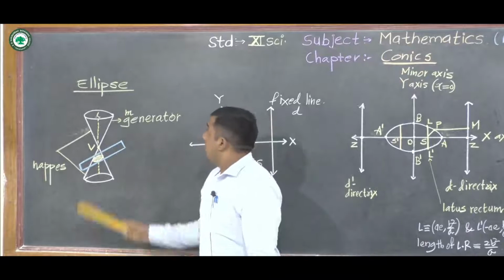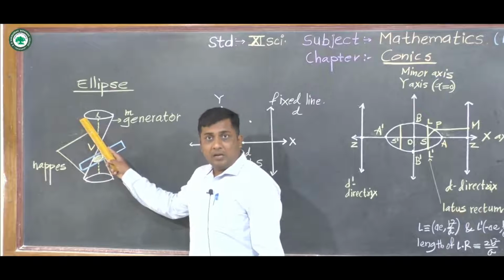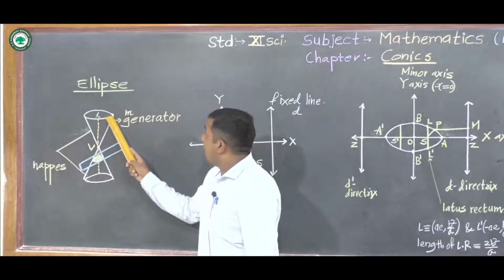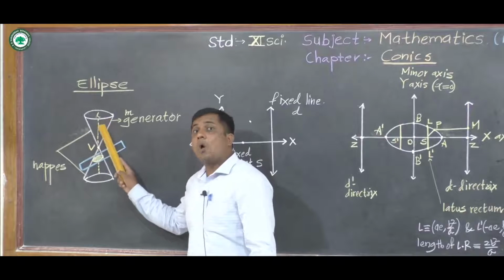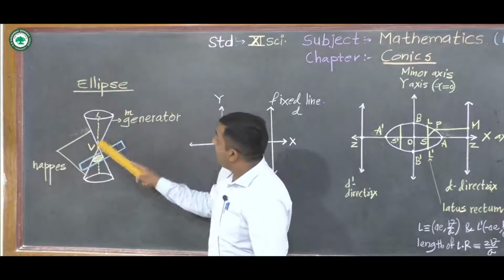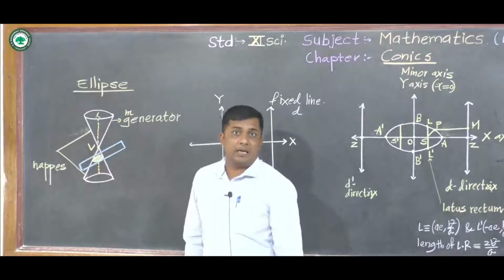Here we rotate this M about this L. I repeat again, we rotate this M along this axis, that is along this L. Then we get this type of cone, this type of figure.